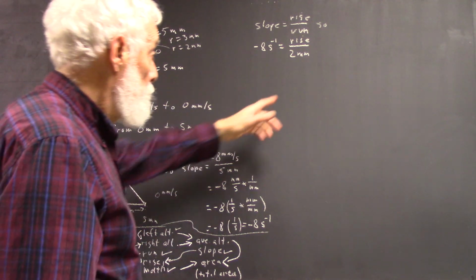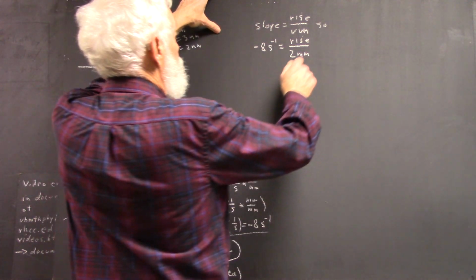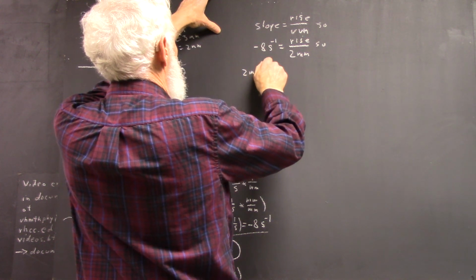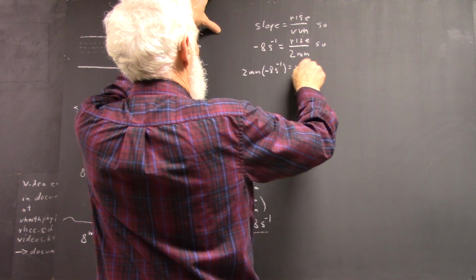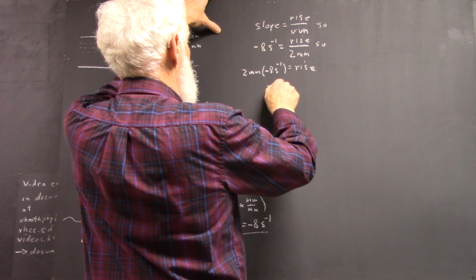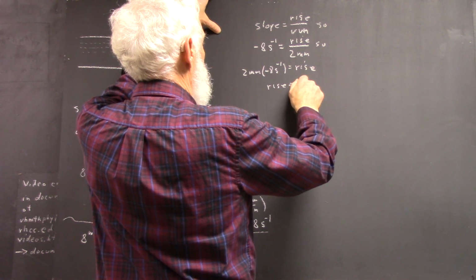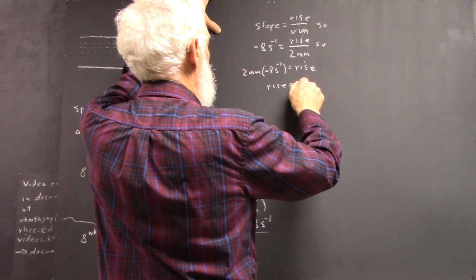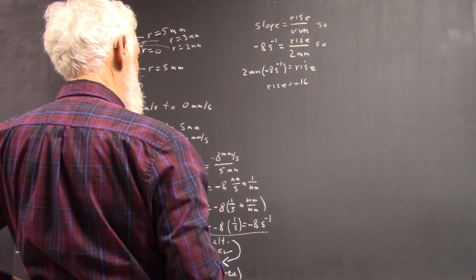Well then, if we multiply both sides by 2 millimeters, we get this, and the rise is 2 times -8, which is... okay, well, you know, we got a problem here.